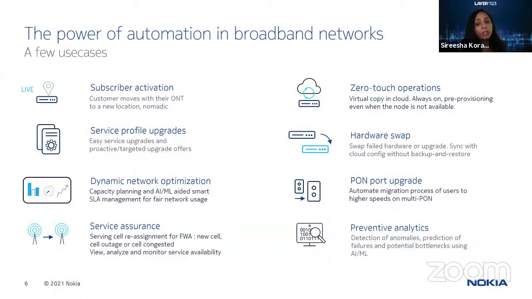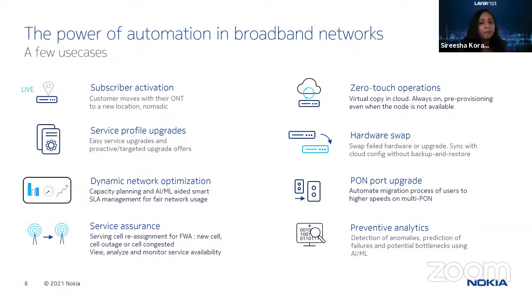And to add to all this, there's also preventive analytics in the form of detection of anomalies, predicting failures, and potentially fixing them using AI and ML, which is also becoming more important for the operators. This is just a few of the use cases, if not all, that operators are embracing SDN for in broadband networks.